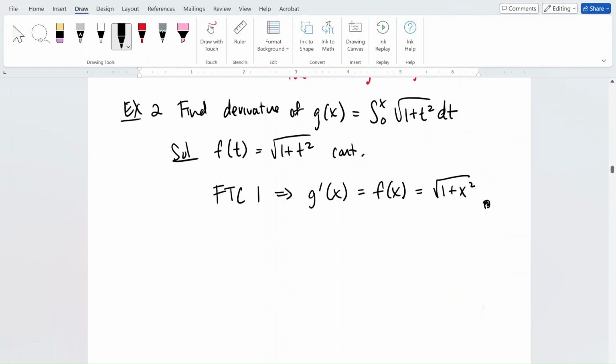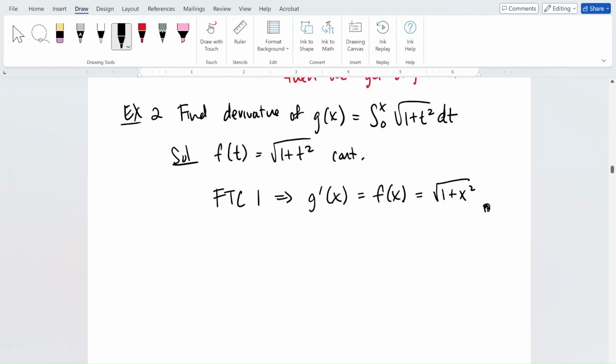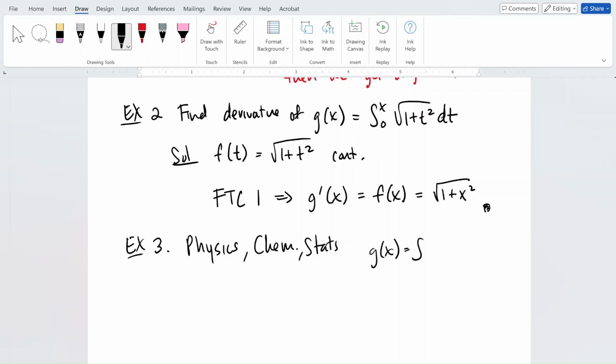This is nice because if you're interested in physics, chemistry, or stats, they do use these things in more complicated situations. So in physics, chemistry, or stats, they work with g of x equaling the integral from a to x of f of t dt.